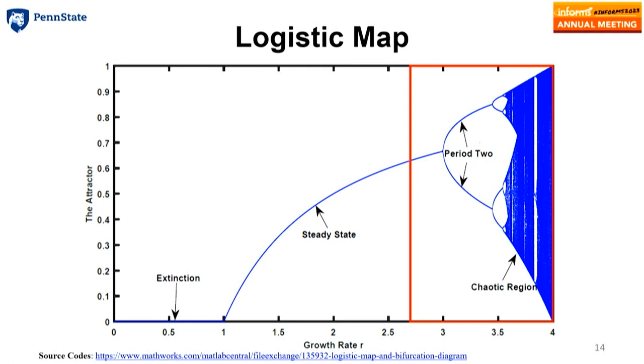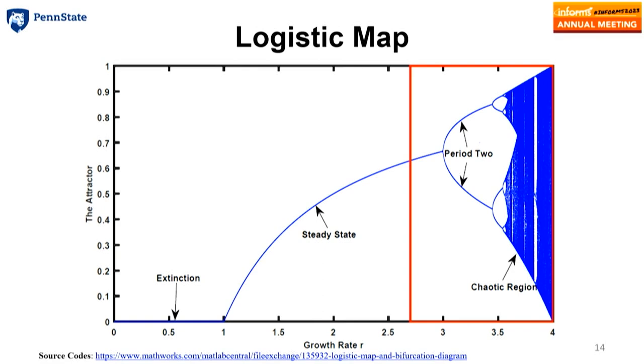Then we have a steady state system that converges to a constant value. Then we have period 2, then period 4, and then we get into the chaotic region when r is greater than 3.5 and approaching 4. A slight variation of r, 0.001 to 0.002, can give big variations in the system behavior.